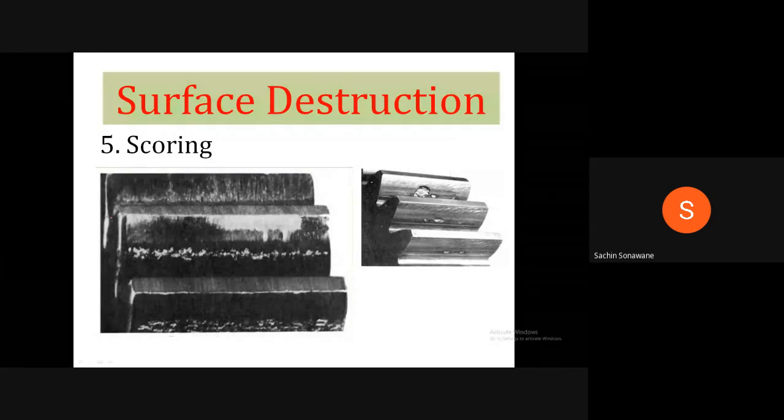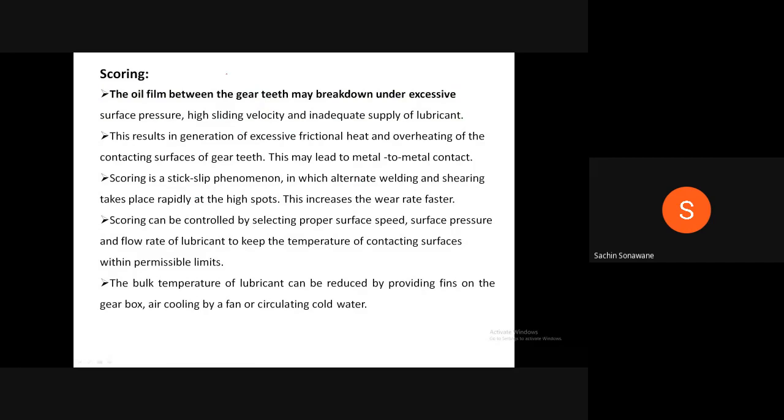Now next is scoring. See that this is the scoring. You are observing scratches on the gear tooth surface. You are observing scratches. See that this is the scoring. Therefore, what is scoring? The oil film between the gear teeth may break down under excessive surface pressure, high sliding velocity, and inadequate supply of lubricant.